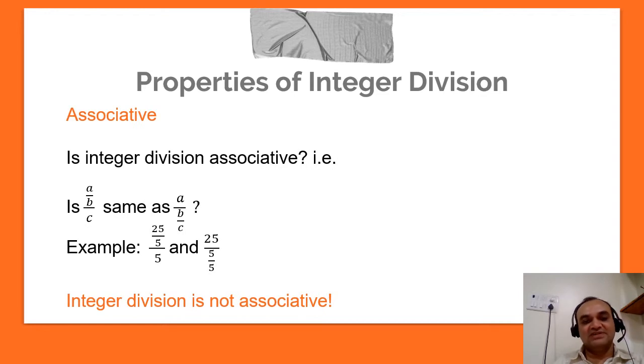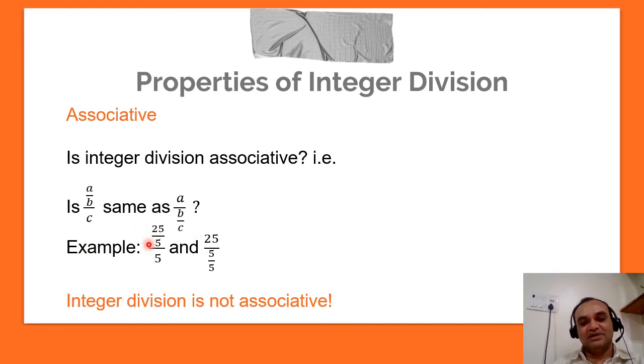How about associativity? So is integer division associative? That is, if I want to do A divided by B divided by C, I do A divided by B first and then divided by C. Is it the same as A divided by B by C? So as an example, let's take a look at 25 divided by 5 and then divided by 5.